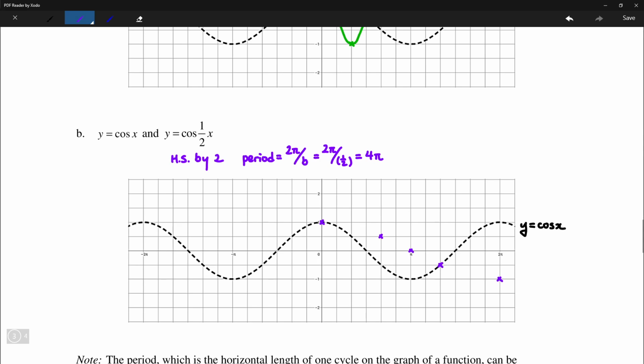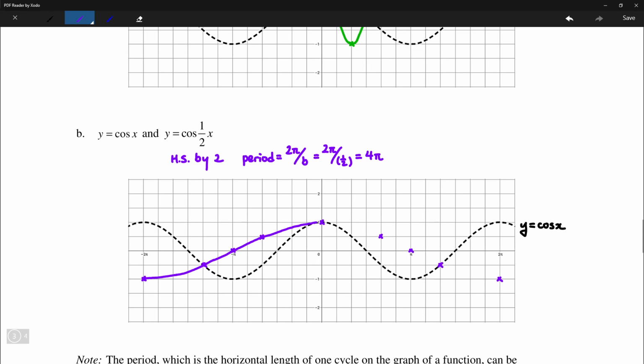So it's very difficult to fit just one side of the graph onto here, so we're going to use both sides. It's going to look like this. So starting from negative 2 pi, we have the minimum value, and then it's slowly going to reach the maximum at x equals 0.